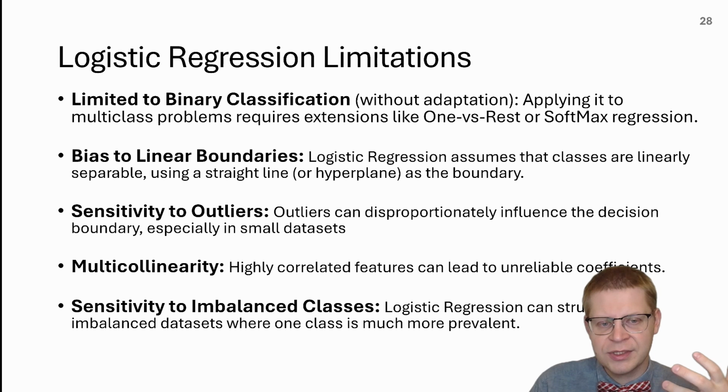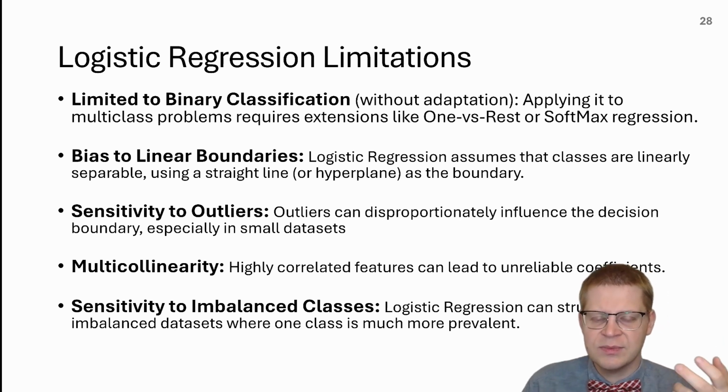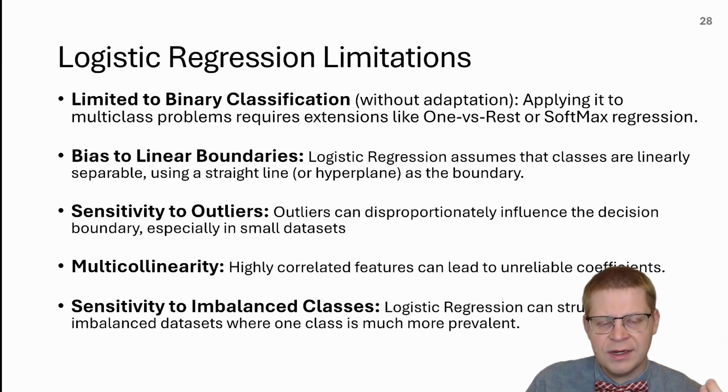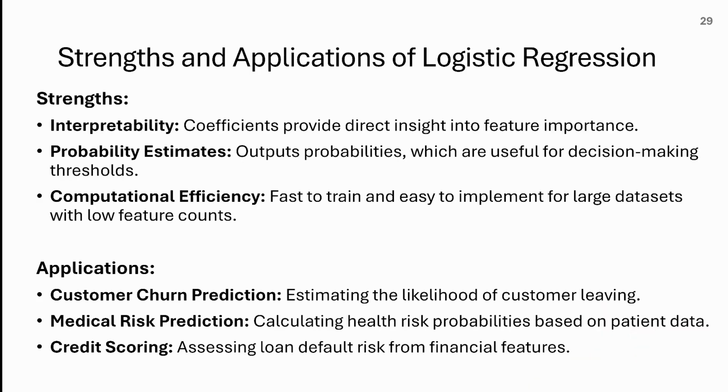And logistic regression may struggle with imbalanced datasets where one class dominates, as it tends to predict the majority class more often. And when the features are highly correlated, the coefficients become unstable and hard to interpret, affecting the model's reliability.